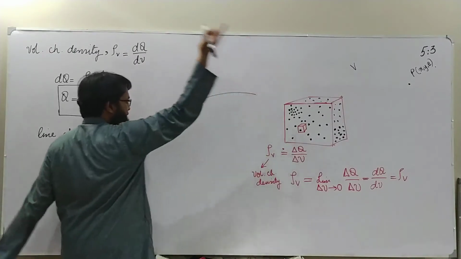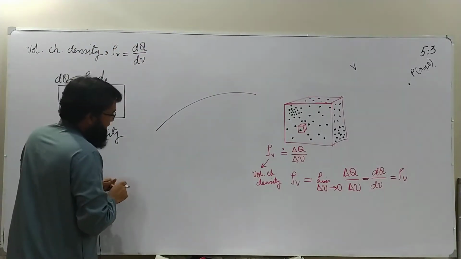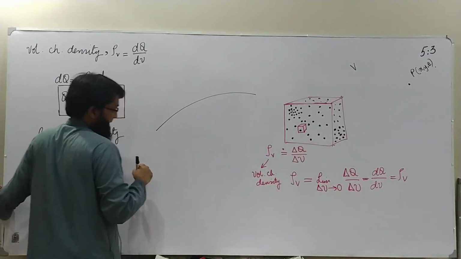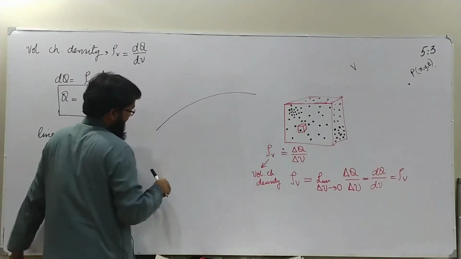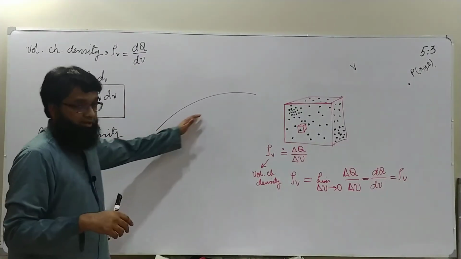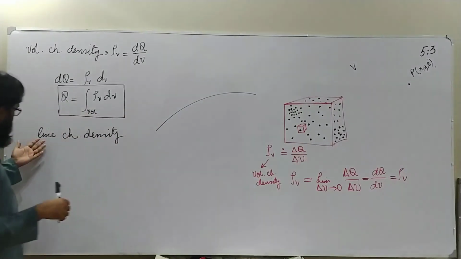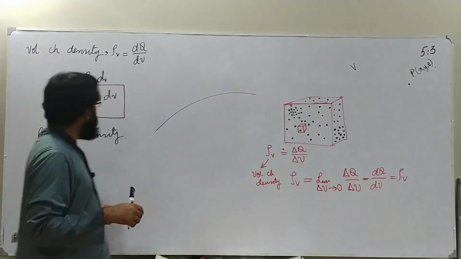Let's say this line goes up to any indeterminate length, or maybe infinite length. How can we find the charge on this line? For that case as well, because there is uncertainty in measurement of charge, what we can do is define an entity known as line charge density, just like we did in the case of volume charge density.